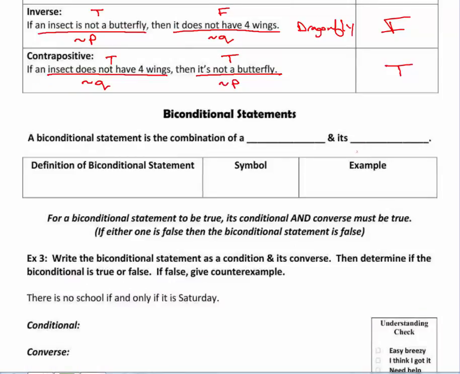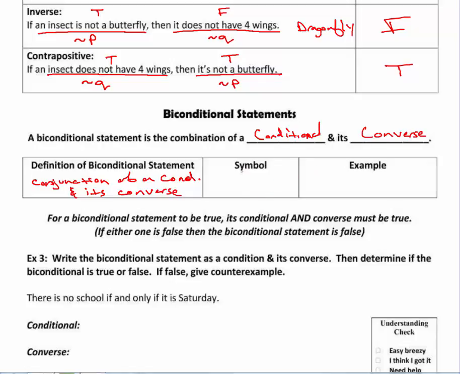Okay? Almost finished. We're going to talk about something real quick called a biconditional statement. It's a combination of a conditional and its converse. Okay, the definition of a biconditional is it is the conjunction of a conditional and its converse.